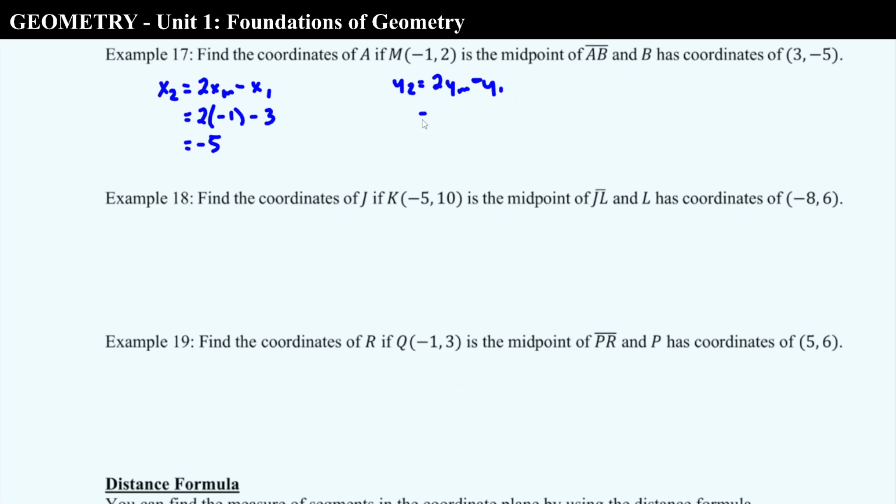For y, we have 2 times our midpoint y, which is 2, minus the endpoint that we have, which is -5 from the y-coordinate. 4 minus -5 is 4 plus 5, which gives us 9. So the coordinates of A are -5, 9.